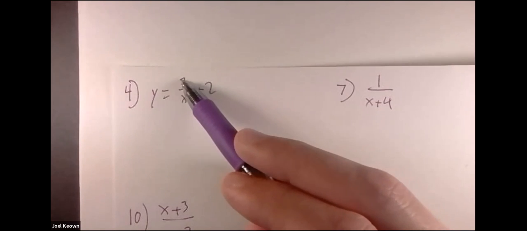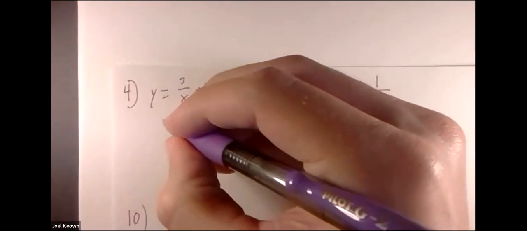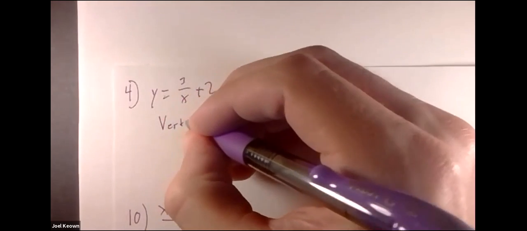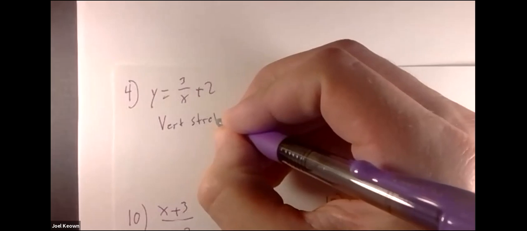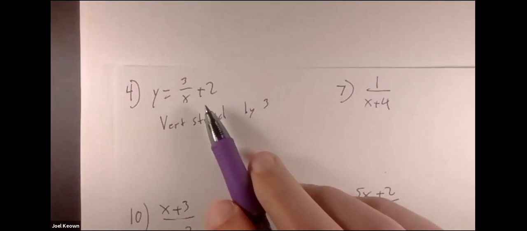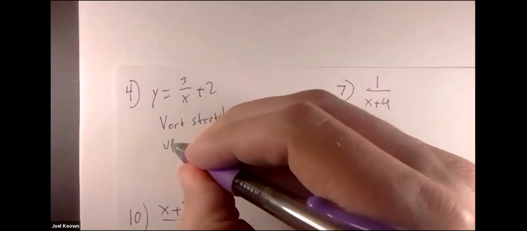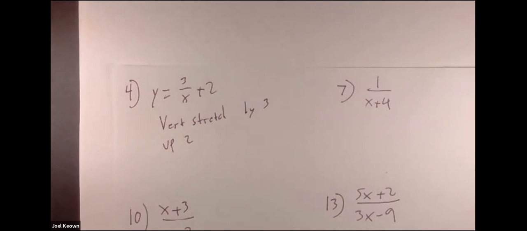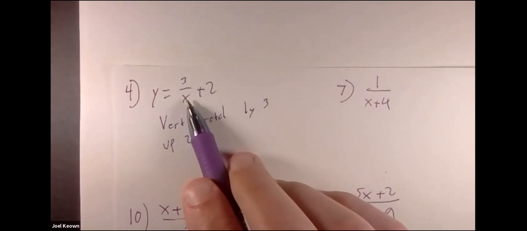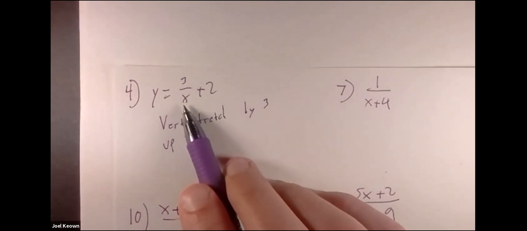Okay, in this case, I'm stretching by 3. So this is a vertical stretch by 3. That plus 2 on the outside means up 2. And then there's nothing here with the x. So this has not been shifted left or right at all.